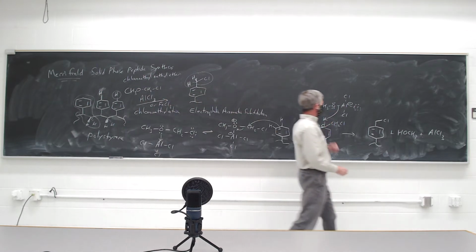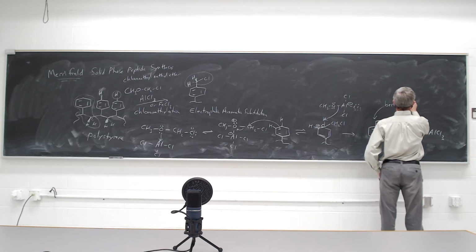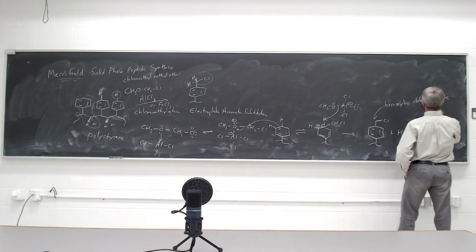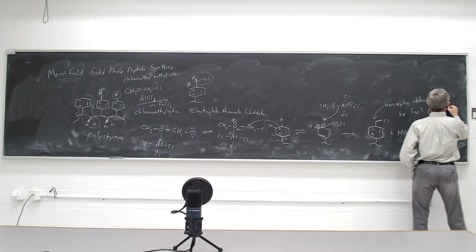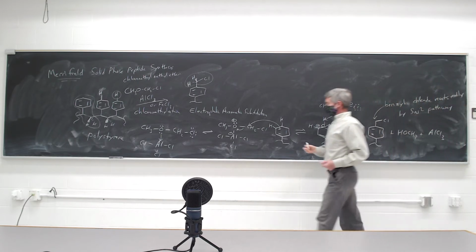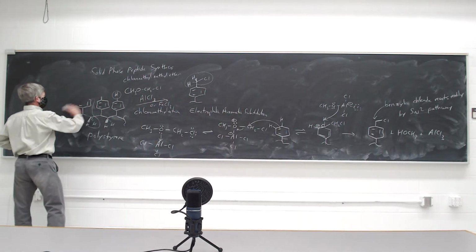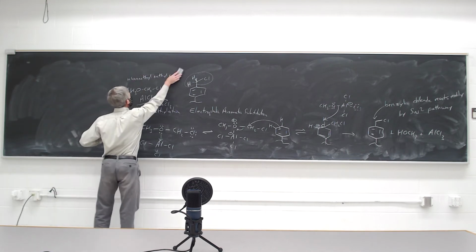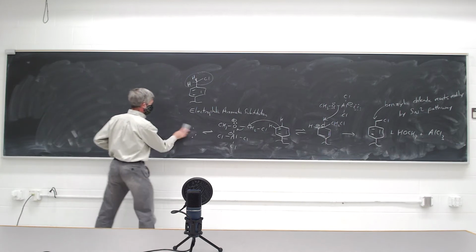So what we have here is a benzylic chloride. And those react readily by SN2 pathway. So we can displace that chlorine on our chloromethylated resin using the C-terminus of a protected amino acid.